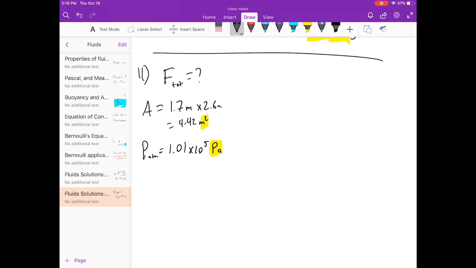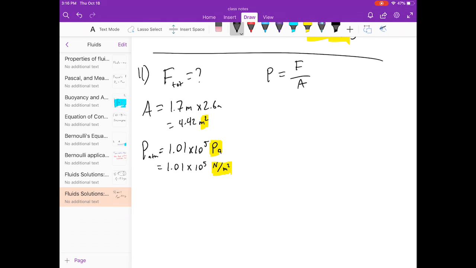And remember, a pascal is a Newton per meter squared. So one atmosphere is 1.01 times 10 to the 5th pascals. It is also 1.01 times 10 to the 5th newtons per meter squared. So we need to make sure our units match up there, and they do now. So to solve this question, we know that pressure is equal to a force divided by an area.